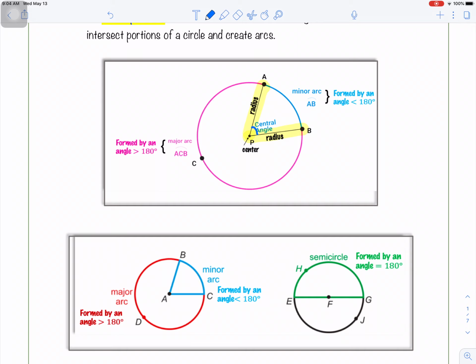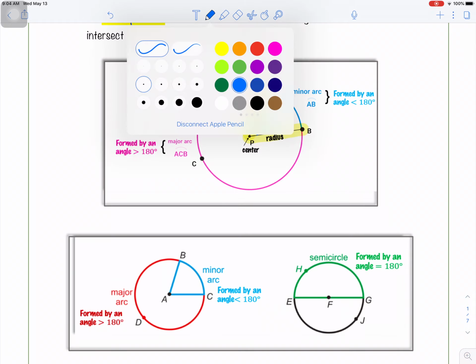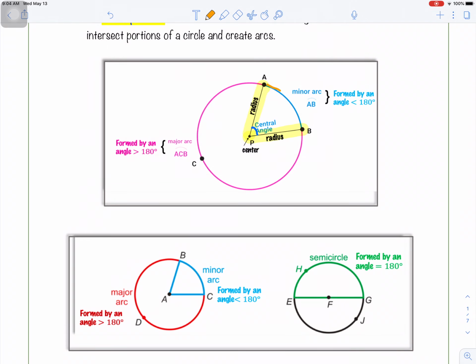Okay, the intercepted arc is the arc from A to B, like that. That is the intercepted arc. Where does the angle cut into the circle? Now we call that a minor arc because it's formed by an angle less than 180 degrees.